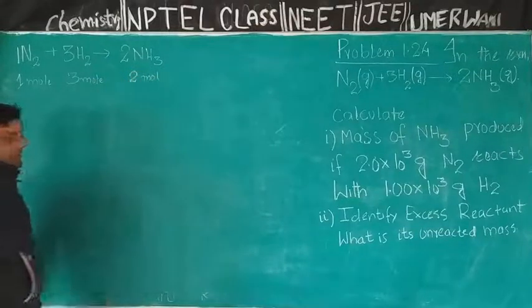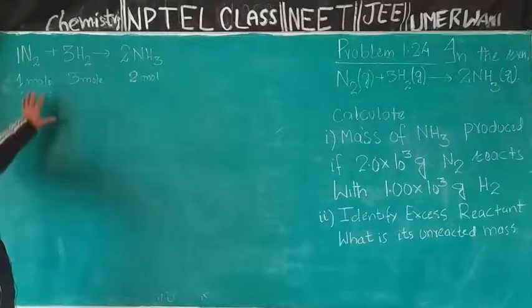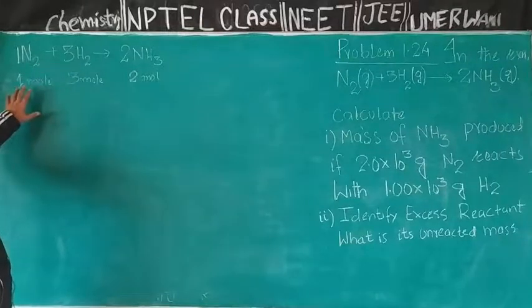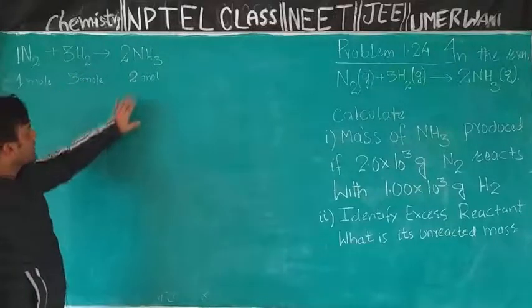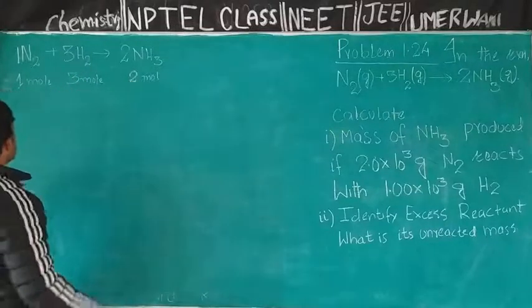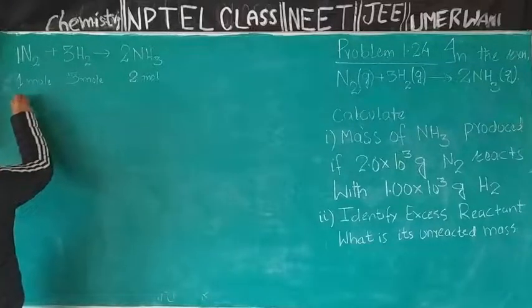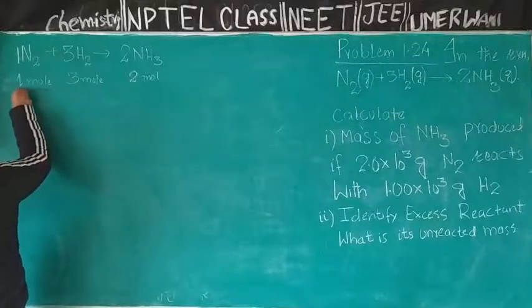And this information is quantitative, fixed for this particular reaction, that during formation of ammonia 1 mole of nitrogen will react with 3 moles of hydrogen, and always 2 moles of ammonia will be formed.